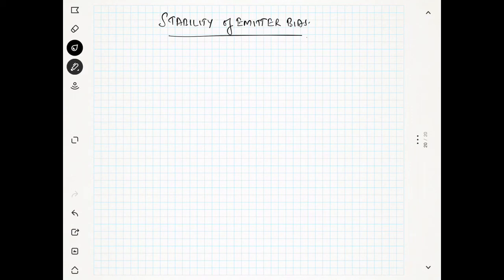You know that in emitter bias we have IC approximately equal to IE.